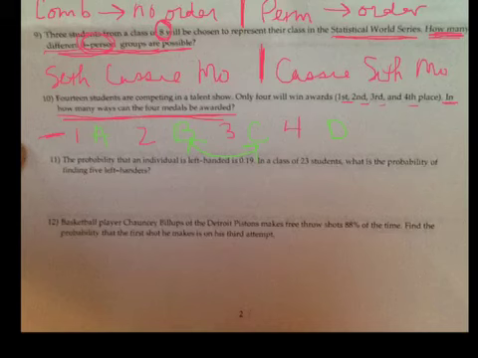Number 9, we just said, was a combination, and there are 8 people in the class. In your calculator, remember, to do 8C3, C stands for combination, and 3 because you're picking 3 people.